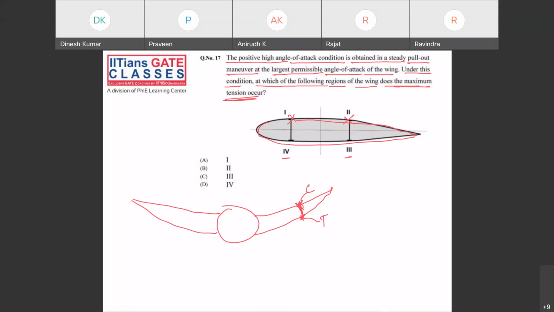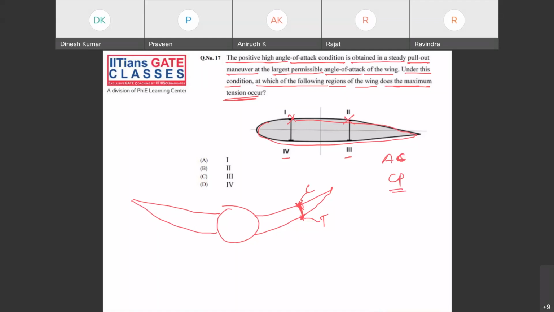And usually we know where this CP lies. It will be closer to the leading edge. You know the aerodynamic center and center of pressure, right? Usually the lift passes through the center of pressure, but it may vary.